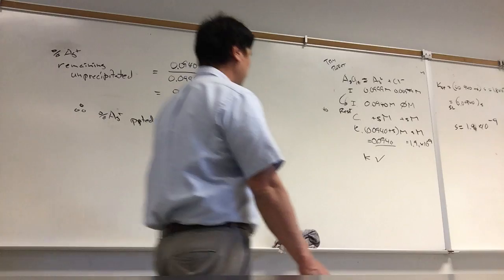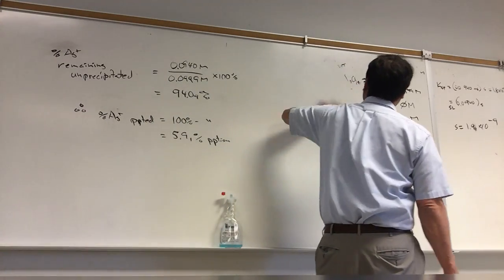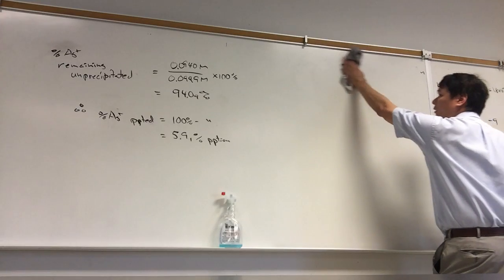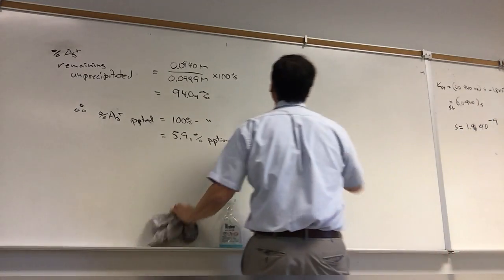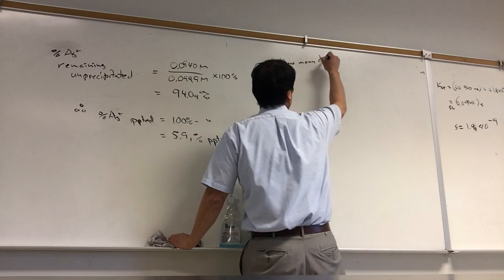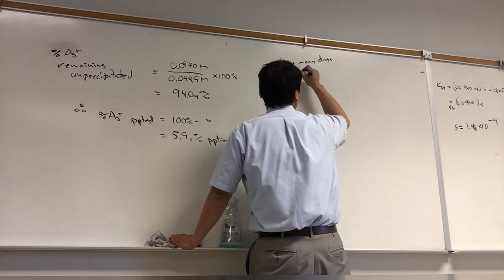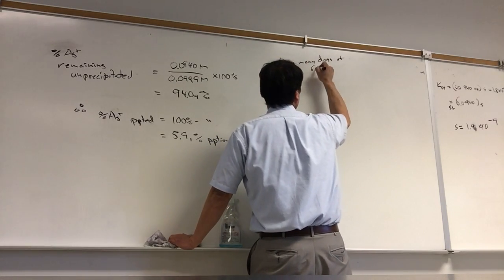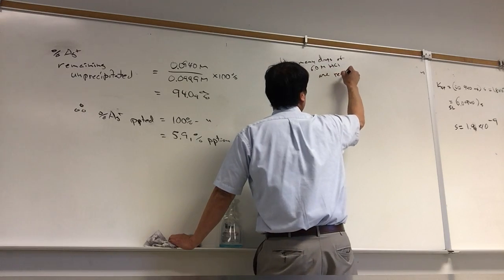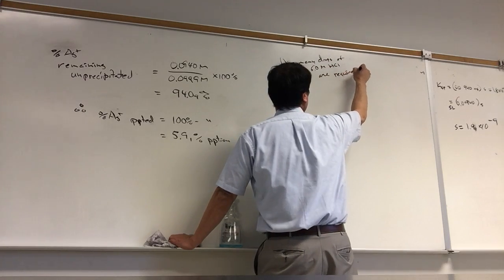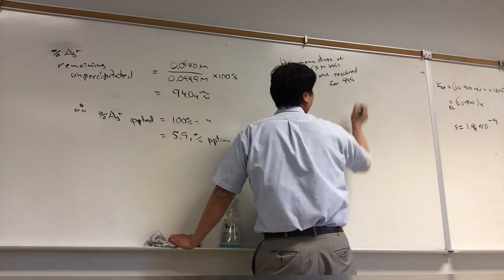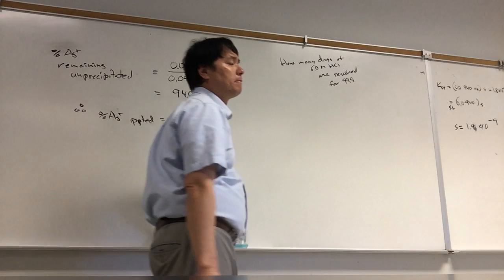Well, a challenging question might be, how many drops of 6.0 molar HCl are required for, what did we call complete precipitation?